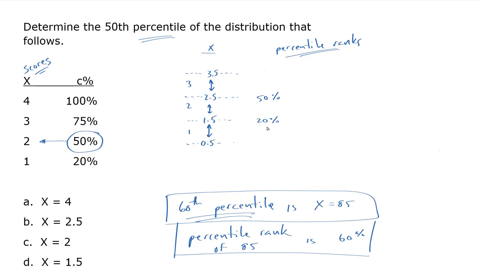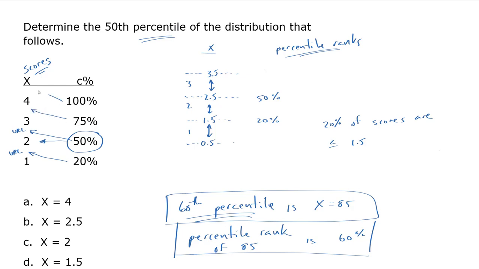So what this 20% means is that 20% of scores are less than or equal to 1.5. So the 20% does not refer to the 1, it refers to the upper real limit of the score that it sits next to. The 50% refers to the upper real limit of the score that it sits next to, and so on.